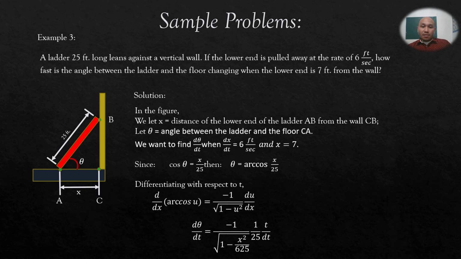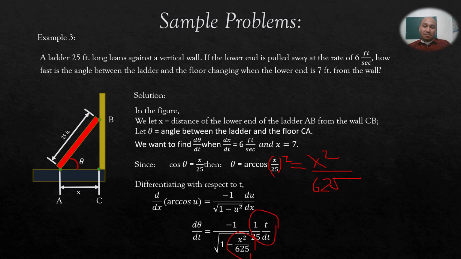Then d theta over dt is equal to negative 1 over the square root of 1 minus x squared over 625. So this is our u. This one comes from (x over 25) squared, which equals x squared over 25 squared, which is 625, times 1 over 25 dx over dt.